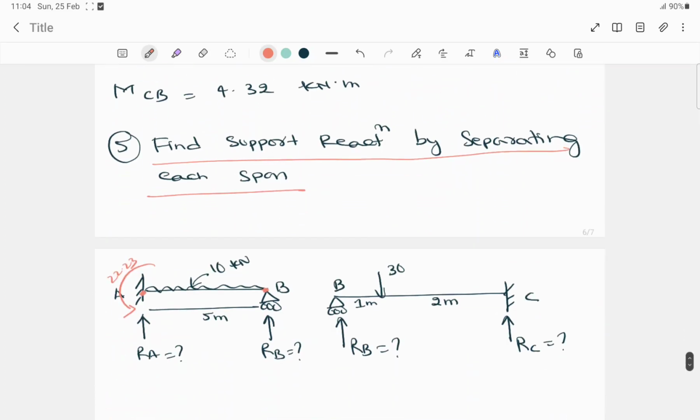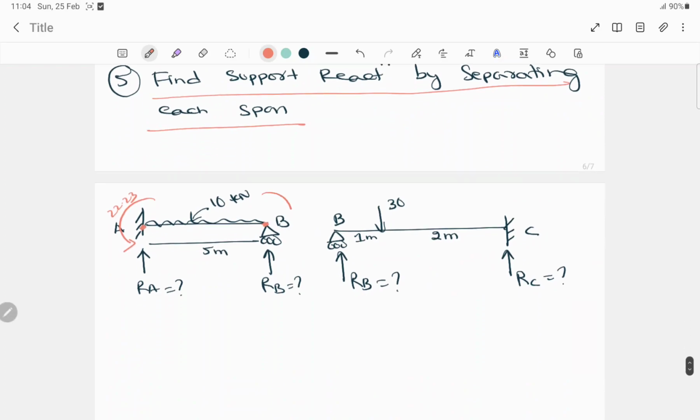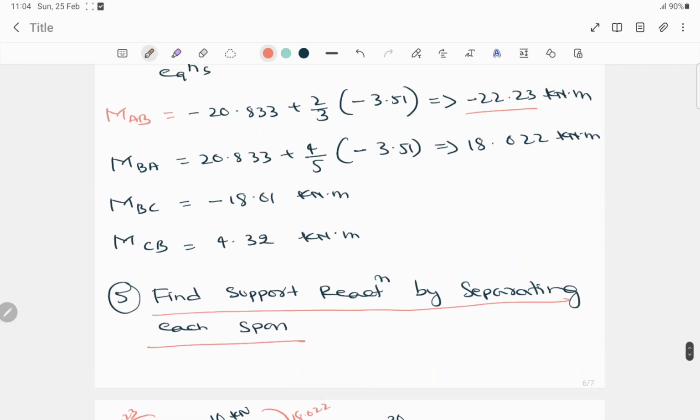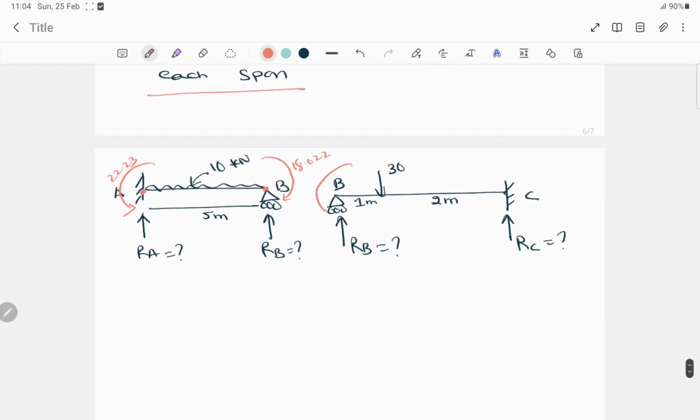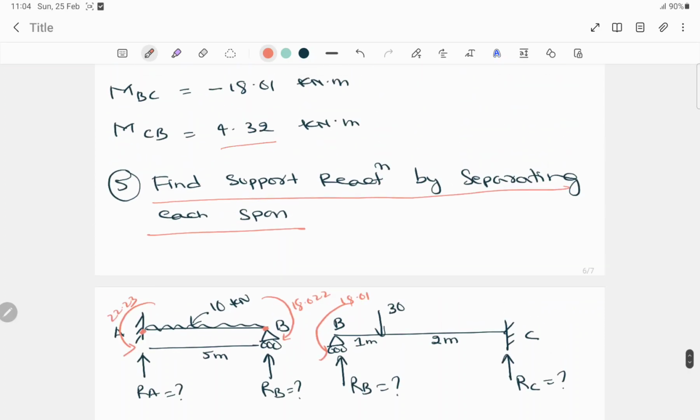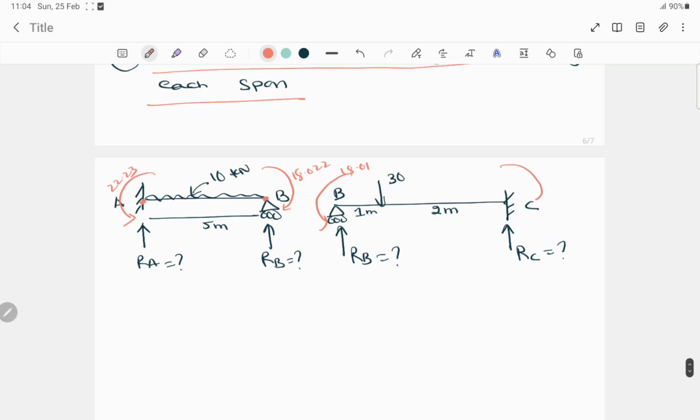Positive means it's a clockwise direction. Here the moment is acting in a clockwise direction, that is 18.022. Likewise for this span also, the value is minus 18.01, so it's anti-clockwise 18.01, and this is positive 4.32, so it will be clockwise 4.32, right? So we have all the values with us.